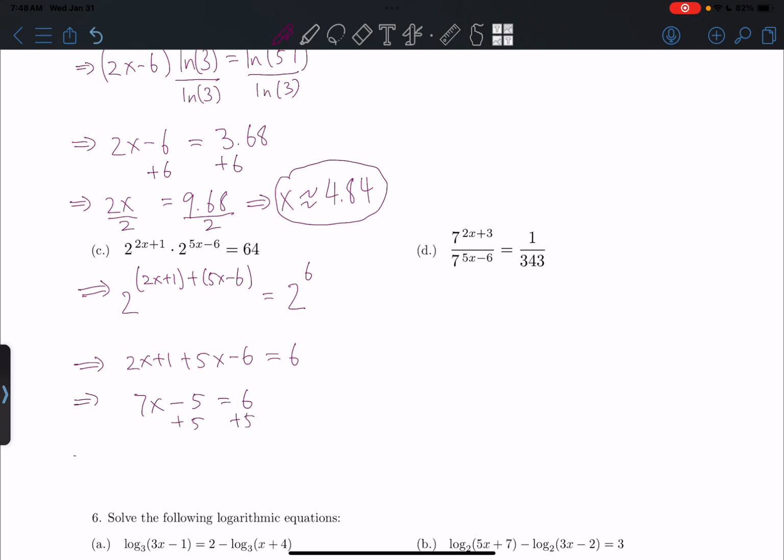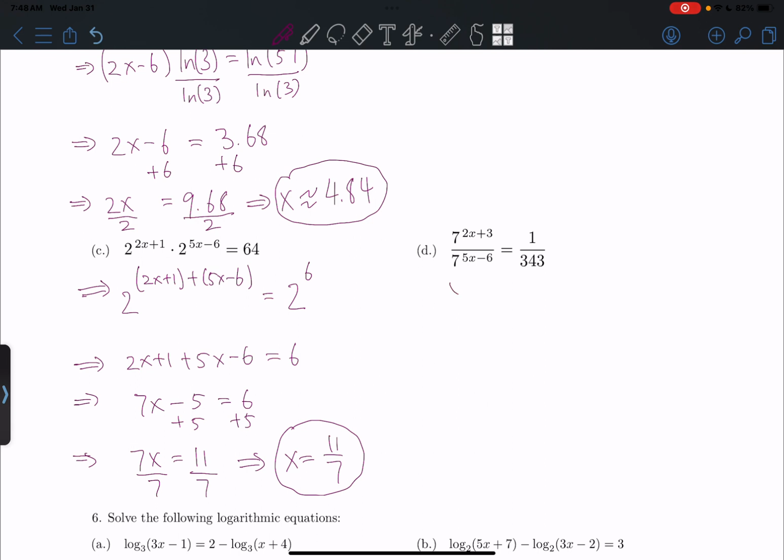Plus 5. And of course, divided by 7. My final answer is just x equals to 11 over 7. Very easy problem, consider how difficult it looks at the very beginning.